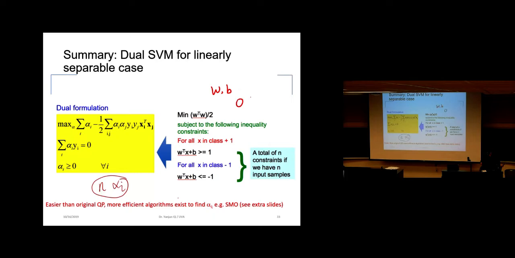The number of parameters you're looking for is actually O(P). And the number of parameters in the dual I'm looking for is actually O(N). Remember that in the primal formulation, we need to look for P plus 1 parameters. In the dual formulation, we need to look for N parameters.